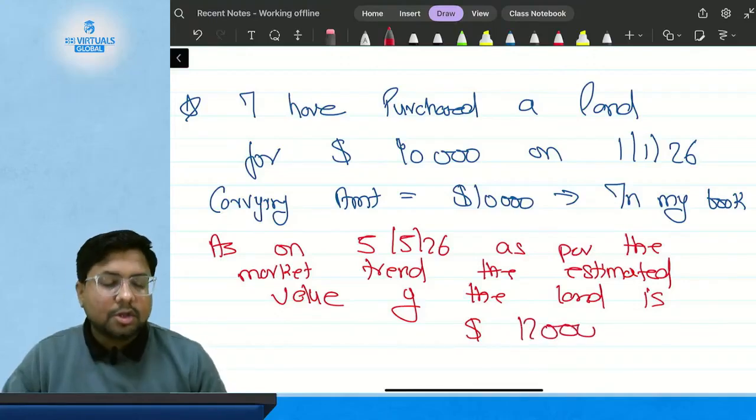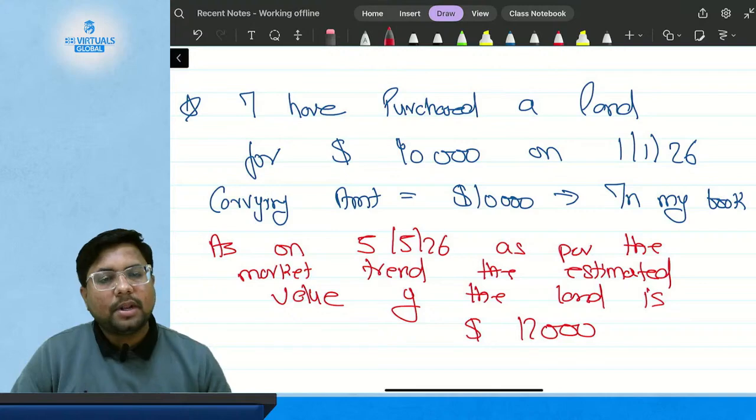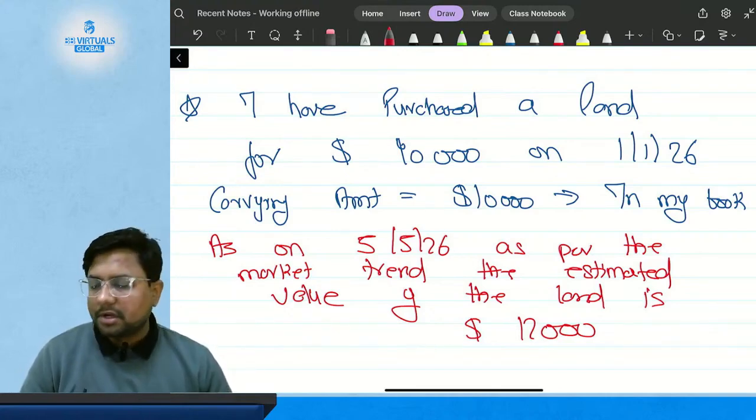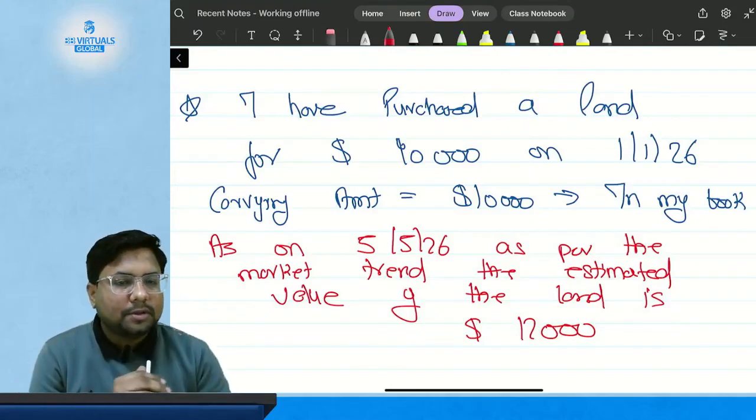You have purchased the land on 1st of January for $10,000, but as on 5th of May, as per the market information and market trend, the estimated value of that land has increased to $12,000.